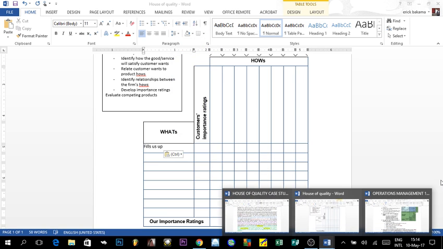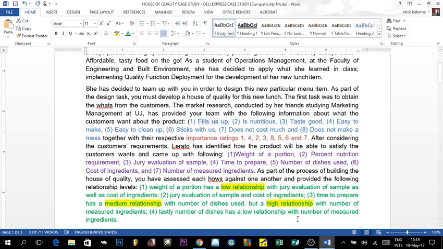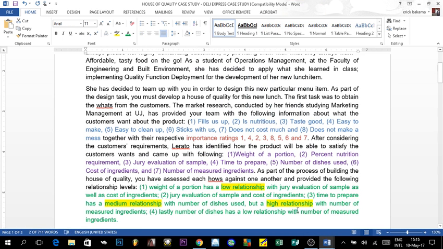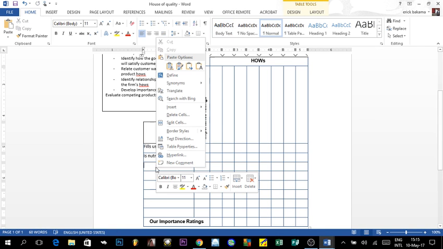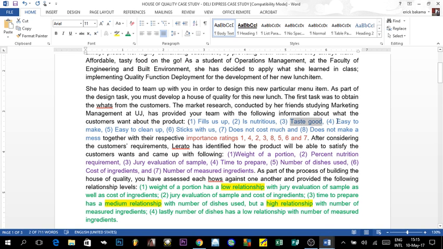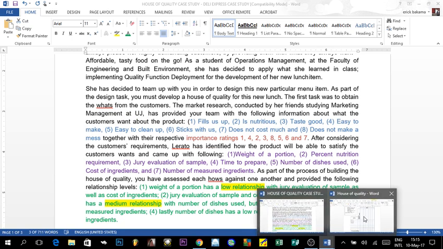And after the fills up, they also want the food to be nutritious, and next they also want the food to taste good, and after that they also want a food that is easy to make. We put it back in our table.